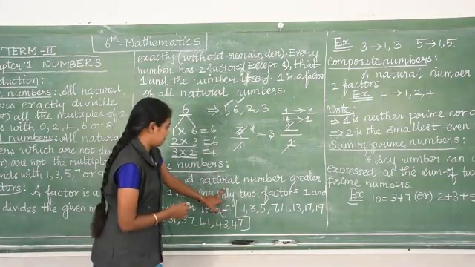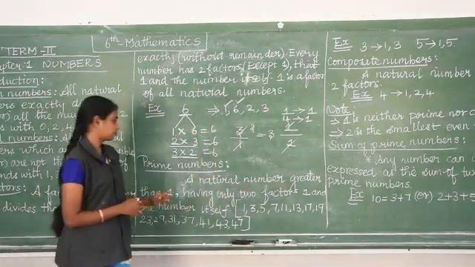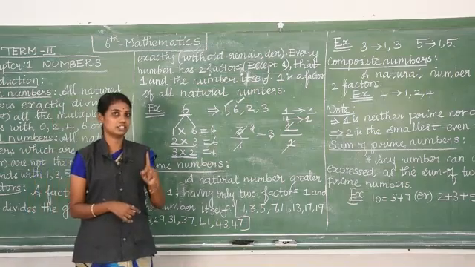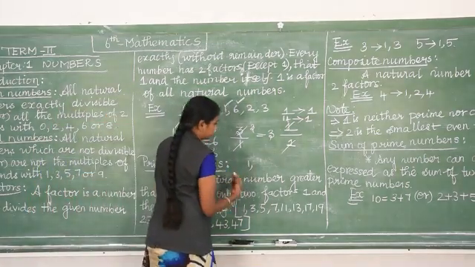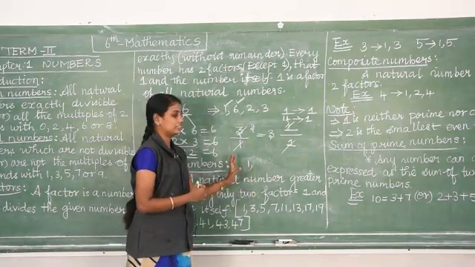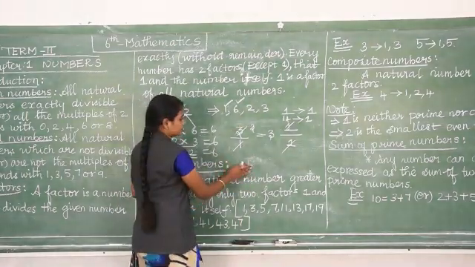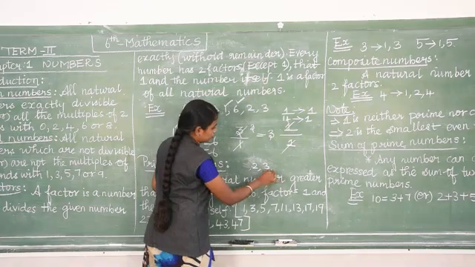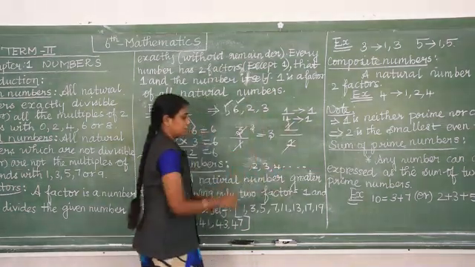A natural number greater than 1. Natural numbers start with 1. Greater than 1 means that, compared to 1, the other number should be greater. So from 2 onwards.